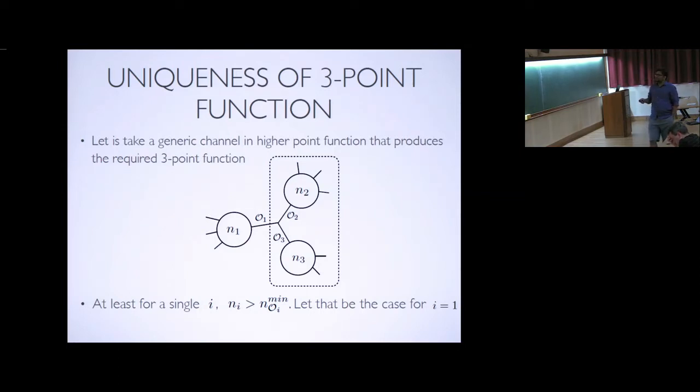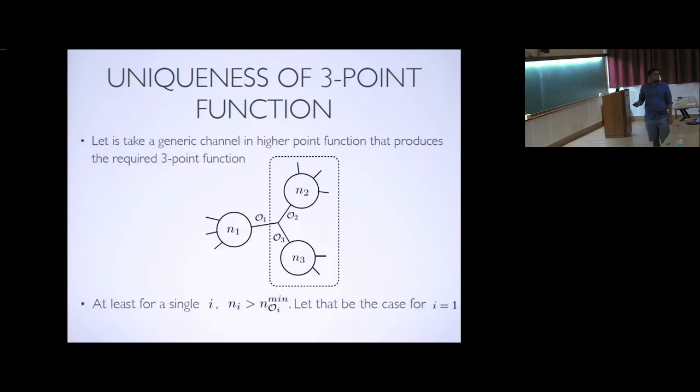So for example, of n1, n2, n3, at least one of them is greater than n minimum, because if it were not, I would be back in the previous case. So let's say without loss of generality, n1 is greater than n minimum. So now if you do this, then what one would have to show is that if I take this away and consider this factorization channel in which I'm getting a correlator of a bunch of phi's and an O1, it should be the same as the one that one gets from a lower point function of phi.